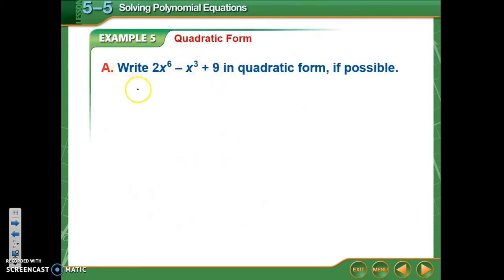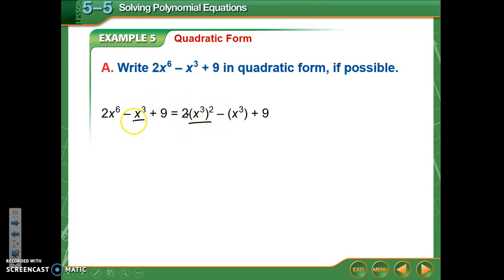Okay, so let's take a look at this one. 2x to the 6th minus x cubed plus 9. We're going to write this in quadratic form if we can. So let's take a look. First, I take what's in my first term and see if I can rewrite it as something squared. In this case, 2 will be my coefficient, and x cubed squared is x to the 6th. So x to the 6th can be rewritten as x cubed quantity squared.